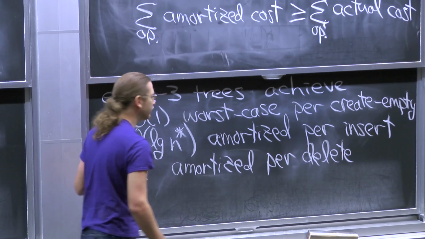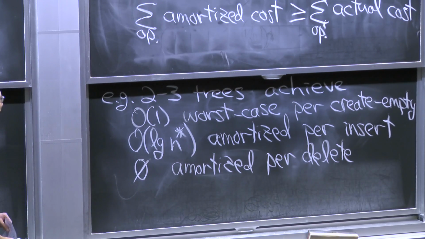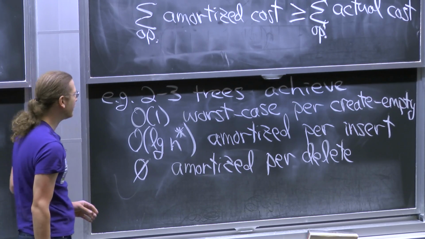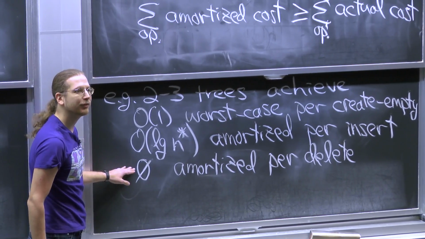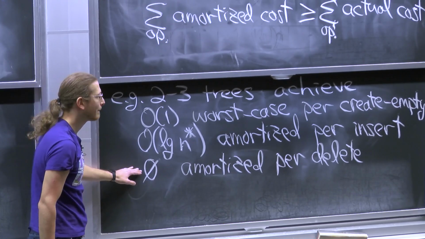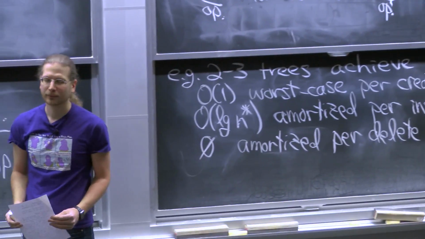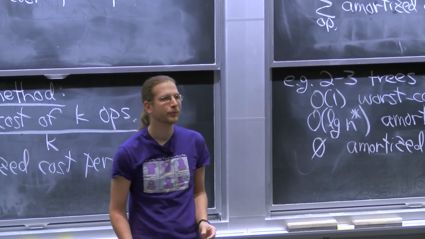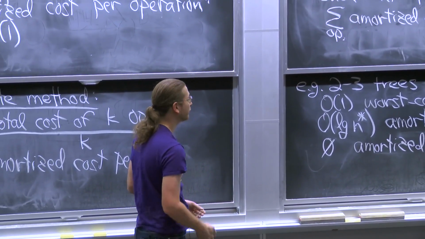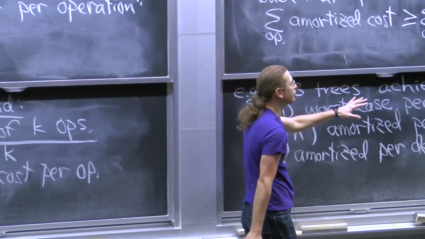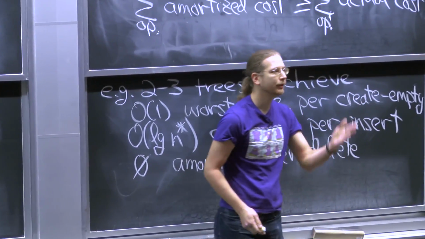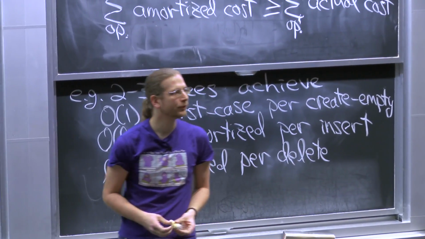You can write big O of 0 if you like. Same thing. So deletion you can think of as a free operation. Why? This is a bit counterintuitive, because of course in reality the actual cost of a deletion is going to be log n. Yeah? You can never delete more elements than you've already inserted.